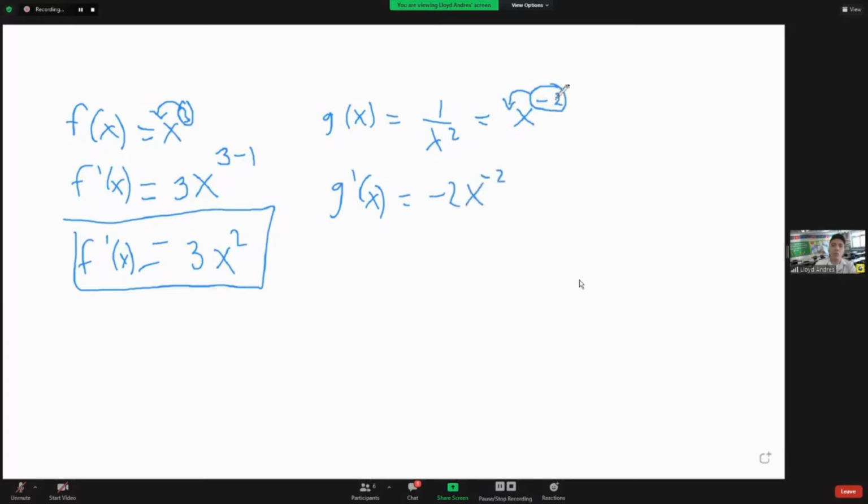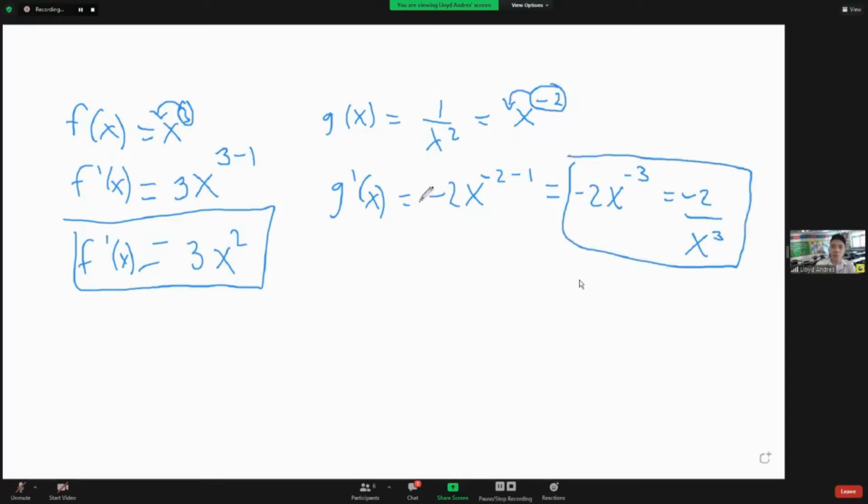That becomes negative 2 x raised to negative 3. Or if you want to return it as a fraction, it is negative 2 over x cubed. So either form is acceptable as your answer. In this part, you can return it as a fraction. That's another example of the power rule.